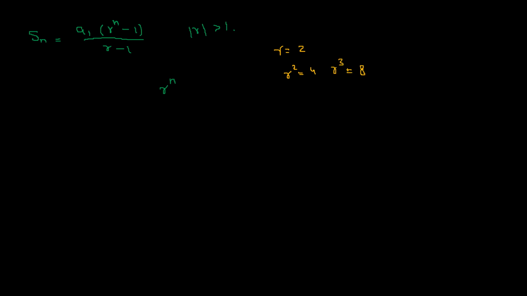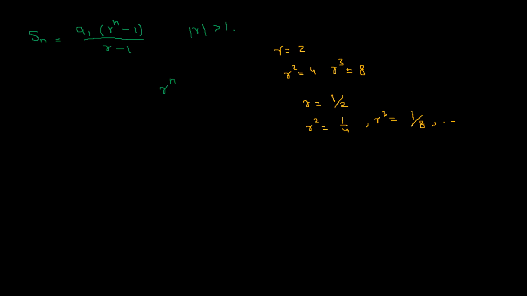And you can see that as n is increasing, the value of the power is also increasing. But if r is half, then what is happening? In this case, r square is 1 by 4, r cube is 1 by 8, and so on. And you know that as the denominator is increasing, the overall value is decreasing.